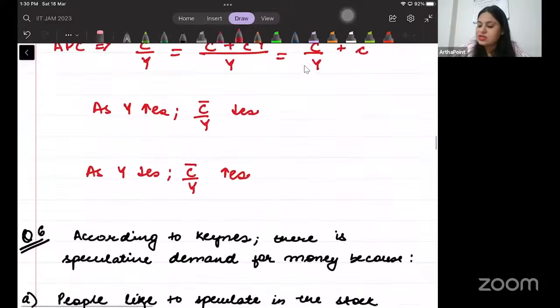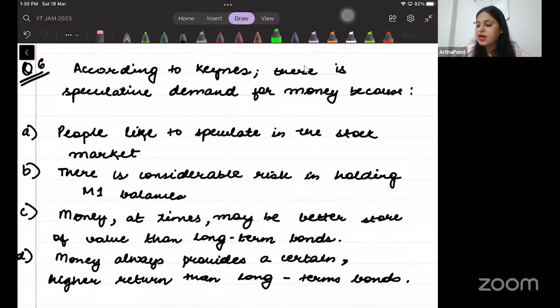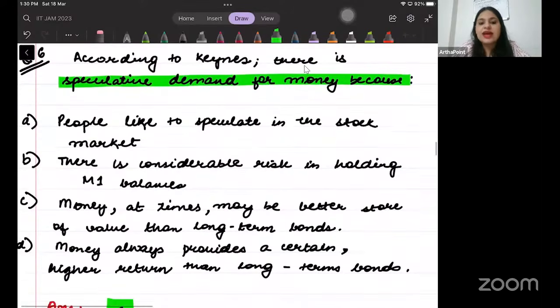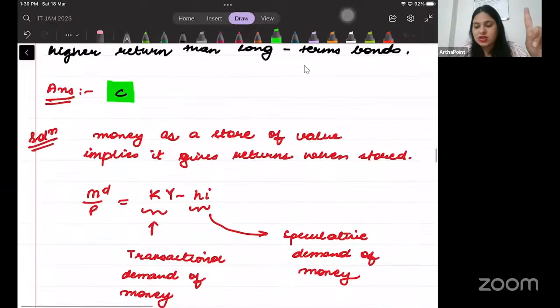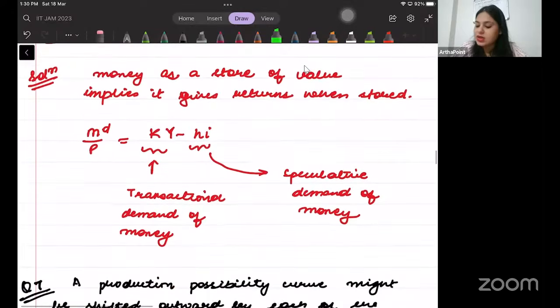According to Keynes, there is speculative demand for money because, see, if you remember, we studied that the demand of money is for two purposes: transactional demand and speculative demand. Transactional demand of money is for our daily needs.